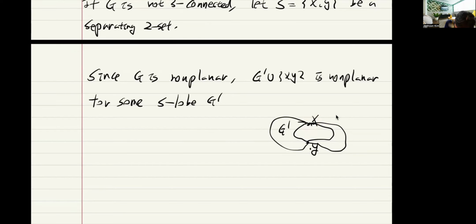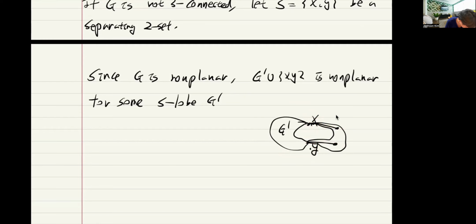That means x and y send at least one edge to here and at least one edge to here. Then if you take G' and add one edge between x and y, this G' has at least two fewer edges than G, because this edge is lost.